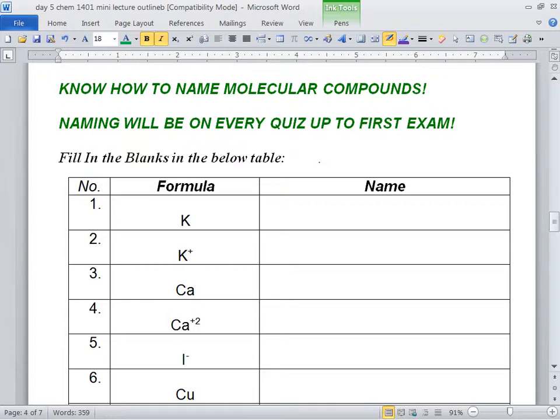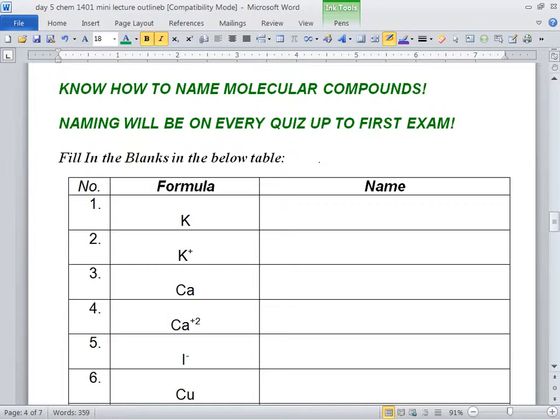Okay. So make sure that you and the folks around you have the same answers. Yes, iodide. Iodide. But it's IDE. Yeah. IDE is the ending.